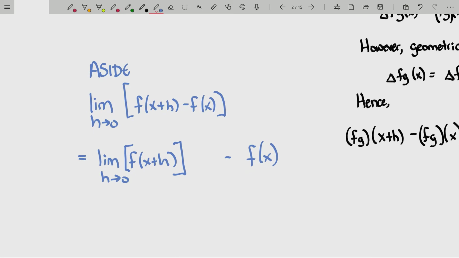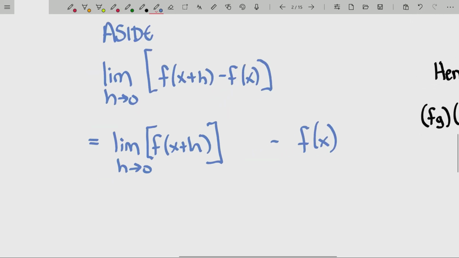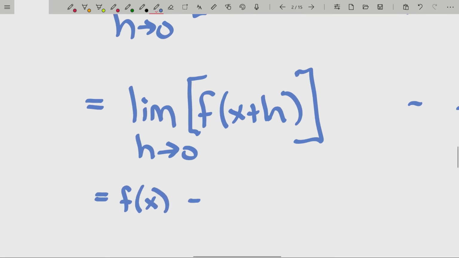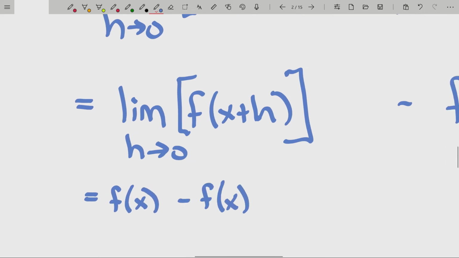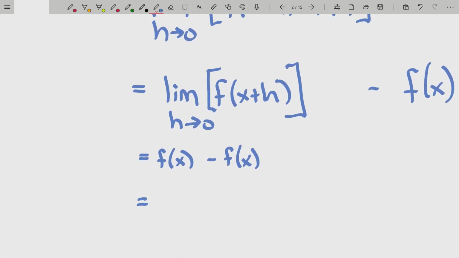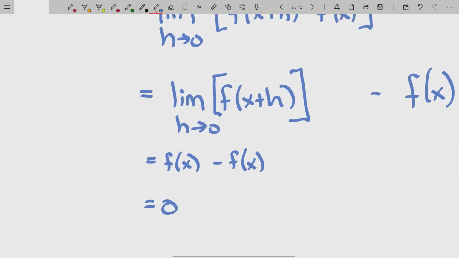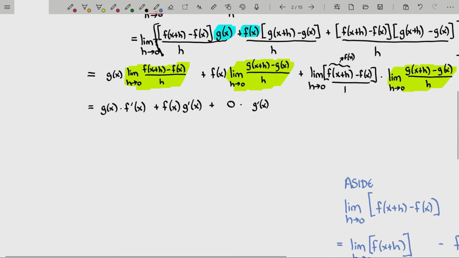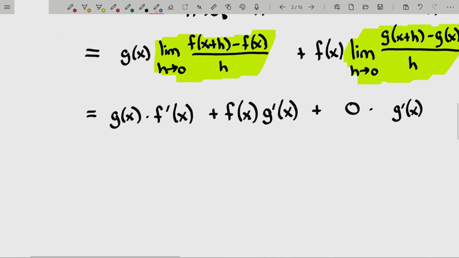But because you told me f was differentiable, then f must be continuous. So as h goes to 0 here, this limit will be f of x. And that, you're still subtracting f of x off the back end, that will be 0. Yay! So that's why I got that 0. Now notice the end result here.